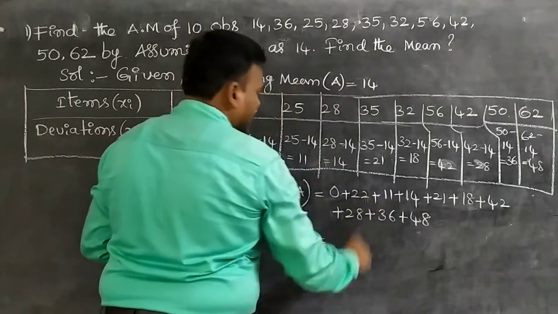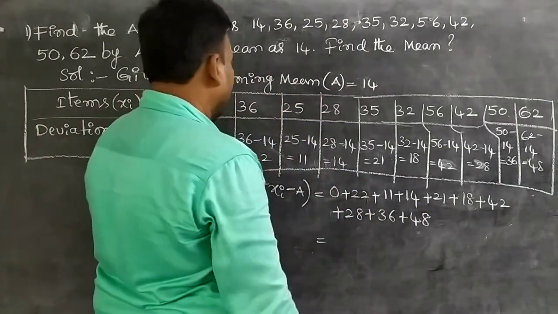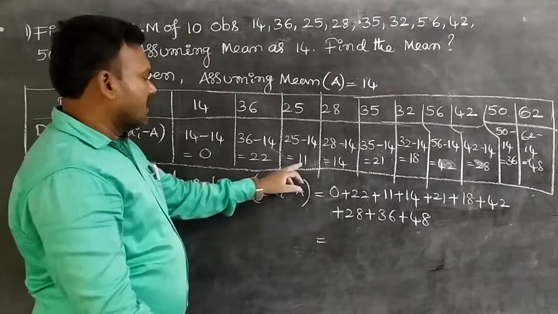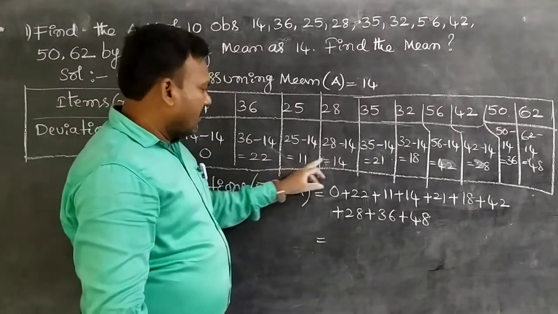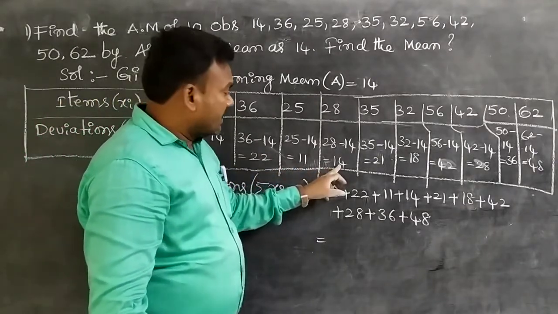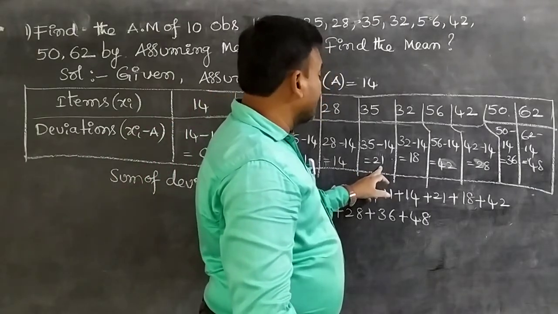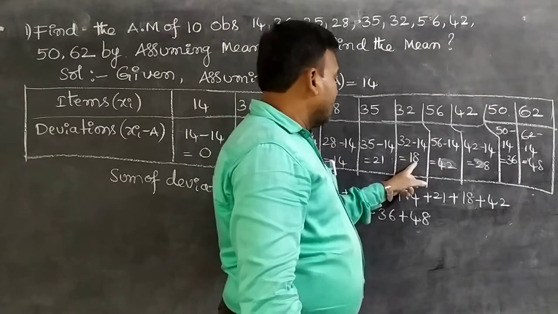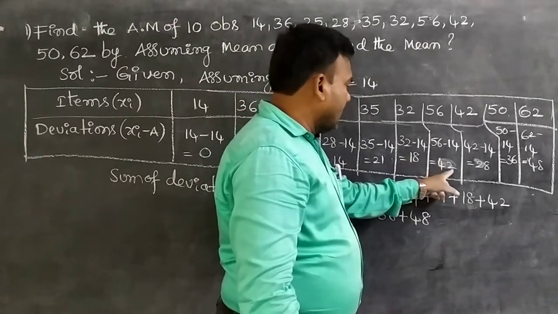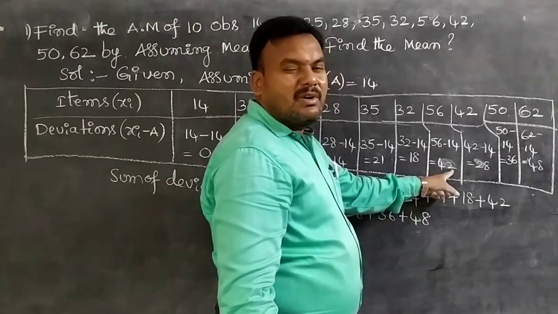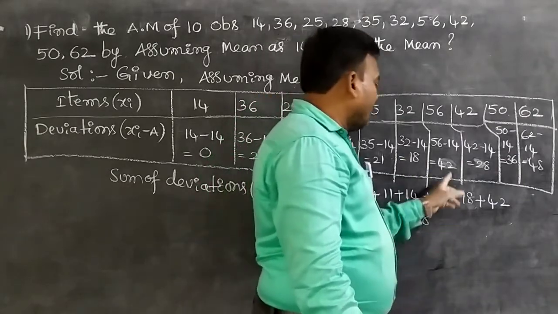How much value does it become, students? 22 plus 11, 33, 47, 68, 86, 88, 88 plus 40, 128.